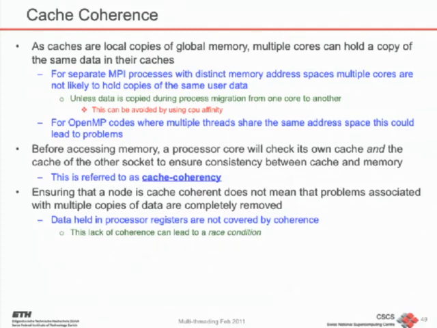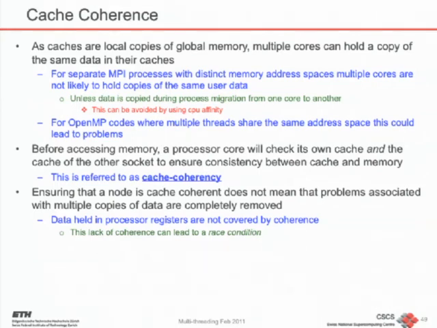For separate MPI processes, if all you've got is MPI, this is not a problem, because each MPI process allocates its own memory, does things on its own data, and no other MPI process wants to know about what you're doing locally. The only time that you have any data interaction is when you explicitly do the data transfers.